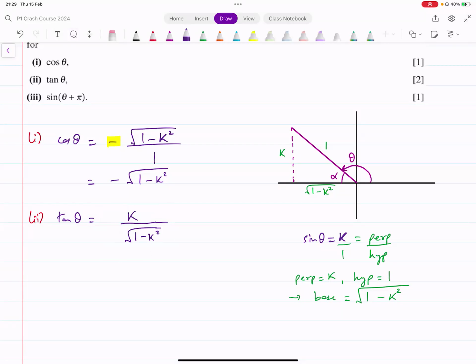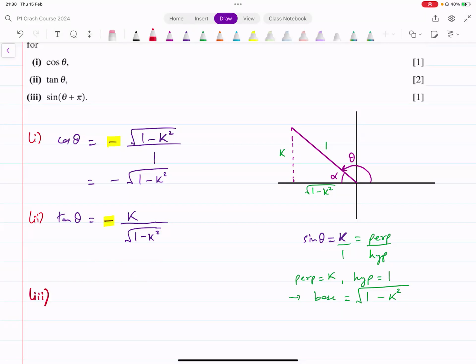It's the second quadrant. In the second quadrant, tan is also negative, so we put a negative sign here. So minus k over square root of 1 minus k squared. That is tan theta. Any problem with this?